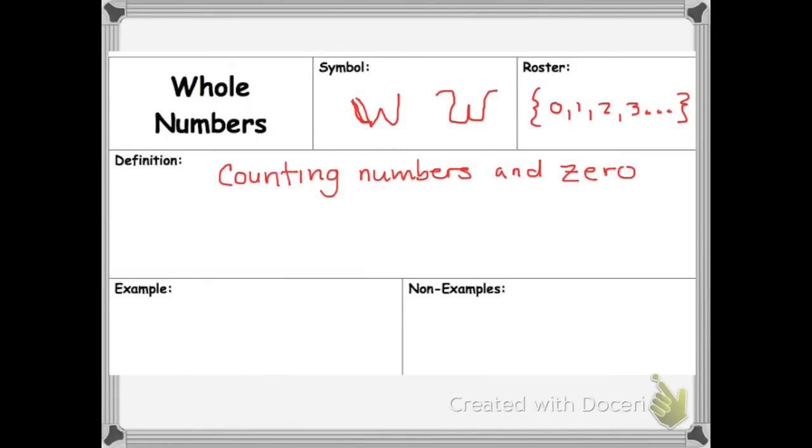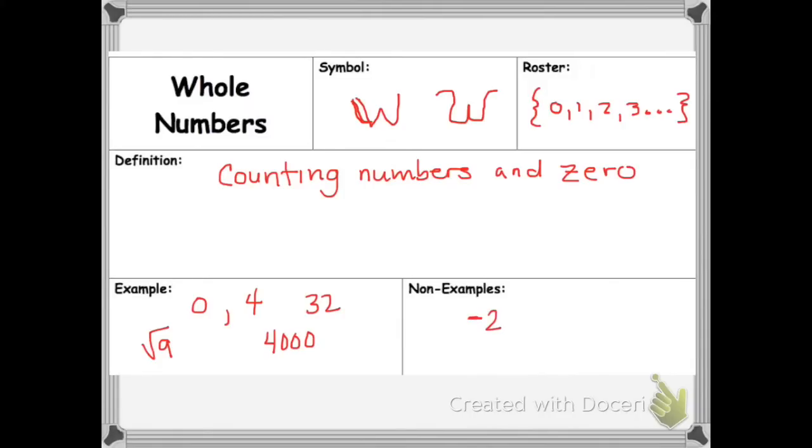So I like to think of them as the counting numbers and the one that looks like the whole, which is the 0, kind of looks like a whole, other kind of whole. And examples then, okay, so we have just 0, 4, 32, no negatives here. Again, you could have the square root of 9, which would be 3, so just keep in mind you could write them in different forms. 4,000, anything moving up there.